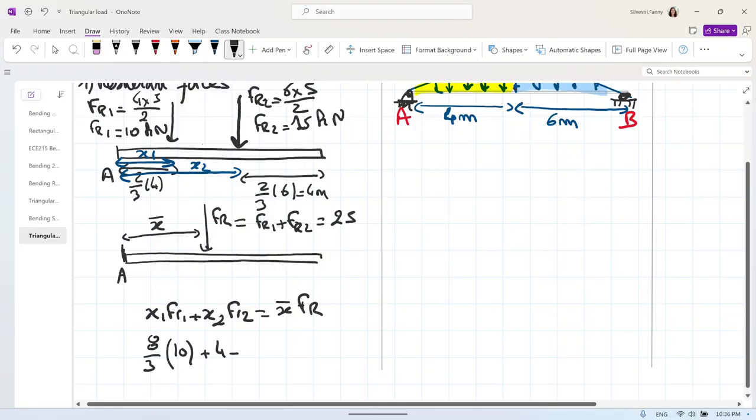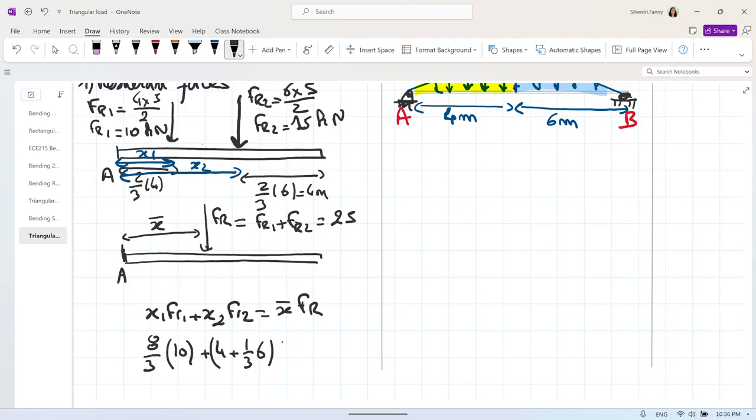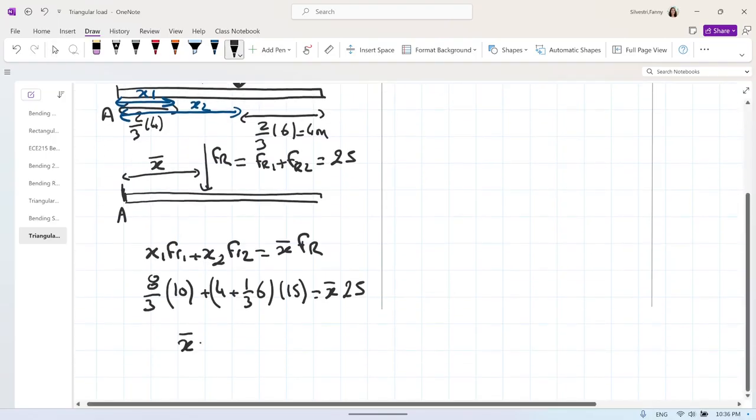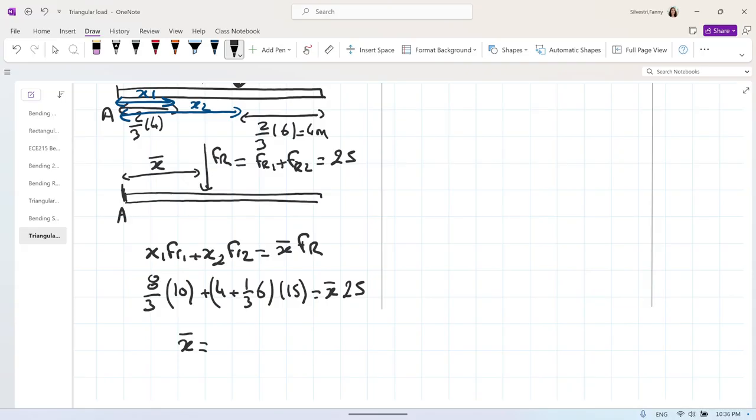So plus 4 plus 1/3 of 6 times FR2, FR2 is 15 kilonewton, equals x bar times 25. Solve that, and we get x bar equal 4.67, 4 plus 2/3, or 14/3 meters. Let's try to keep the exact number. I just checked it. Here we go, that's correct.